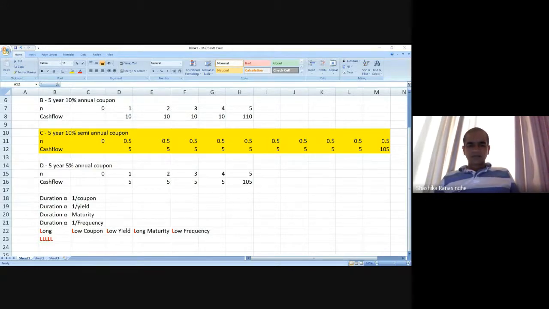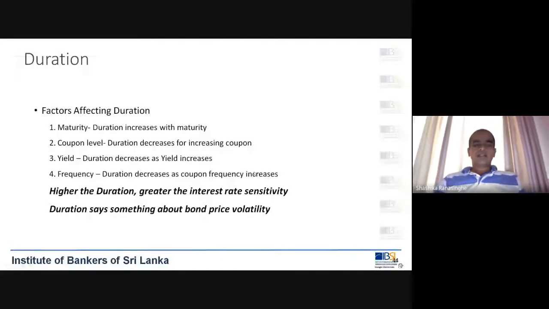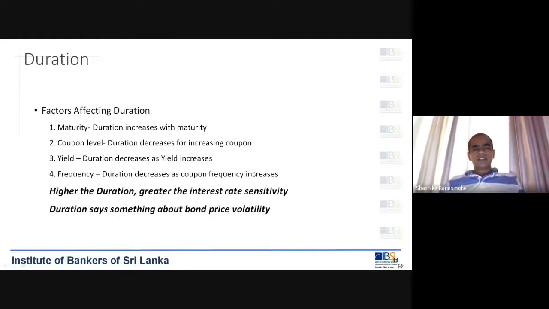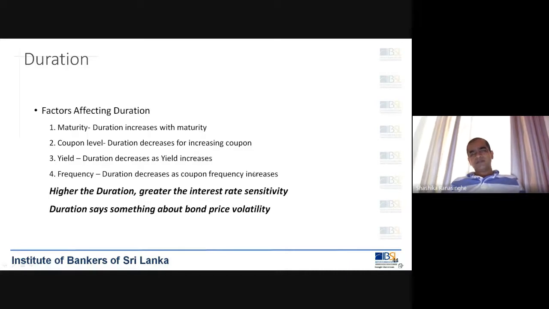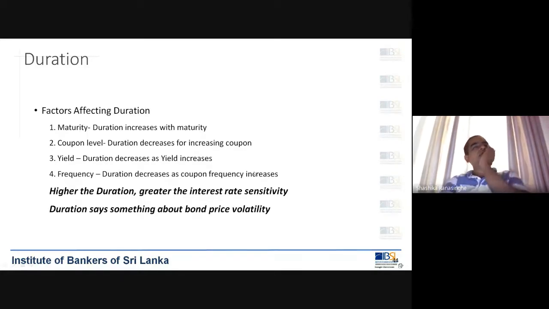All right. So the higher the duration, the greater the interest rate sensitivity. Duration says something about the bond price volatility. Remember, duration is the measure of interest rate sensitivity. It's something like a kilogram. What does kilograms measure?